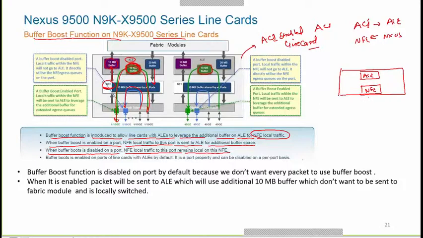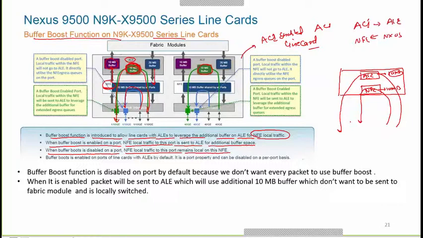When you disable buffer boost, it has 10 MB memory, so your traffic will use the NFE chip and its 10 MB. When enabled, traffic will use the additional 10 MB in the ALE chip and flow through it.